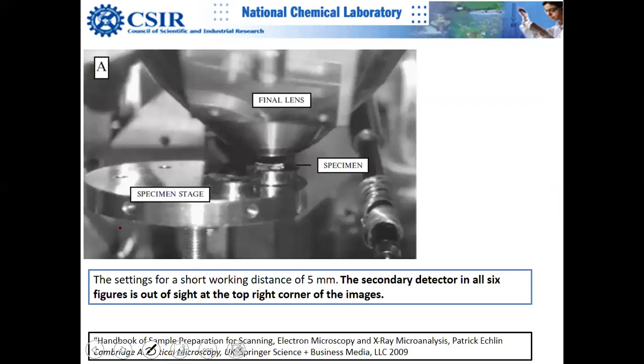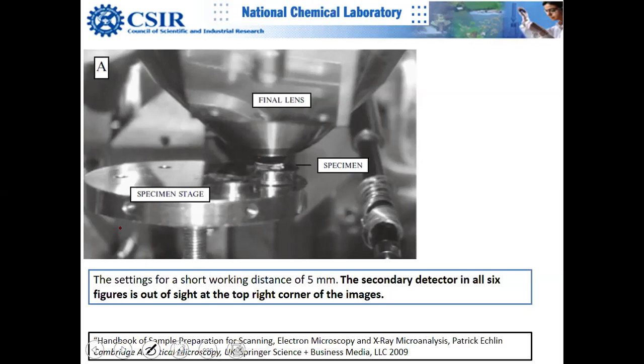I think I have shown you these images earlier, but this is just a recap of some images from the sample chamber. You can see here the final lens, which collimates, and there is a scan coil, which raster scans the electrons.